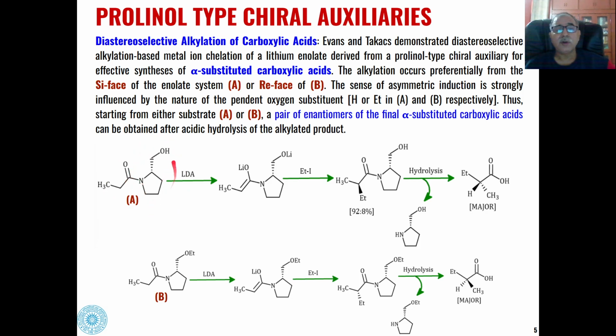The prolinol on reaction with carboxylic acids or their derivatives will give us these types of prolinol amides, and these amides on reaction with a strong base like lithium diisopropylamide, which will react with this amide, since this carbon is having an alpha hydrogen, a carbanion will be generated.